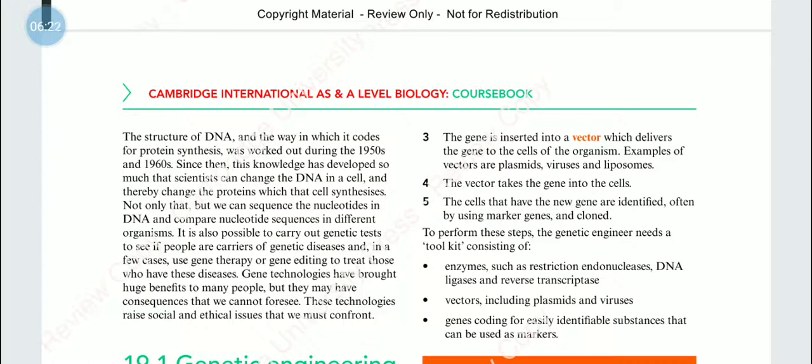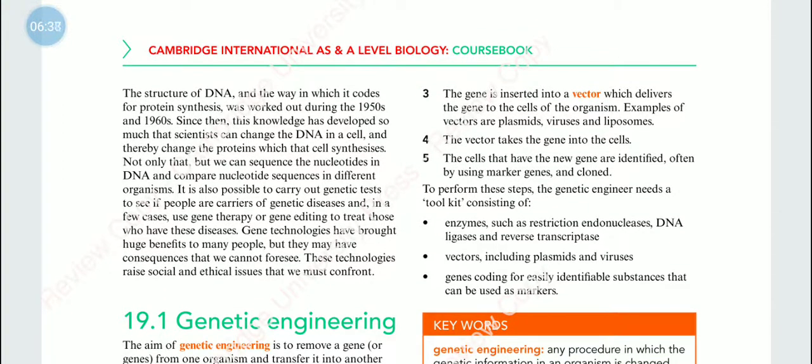To perform genetic engineering, there is a toolkit that would be needed by the genetic engineer. The first are enzymes: restriction endonucleases, DNA ligases, and reverse transcriptase. Then the vectors, the plasmids and viruses. Then genes coding for easily identifiable substances that can be used as markers.